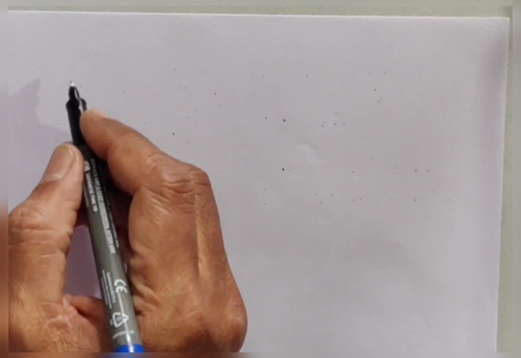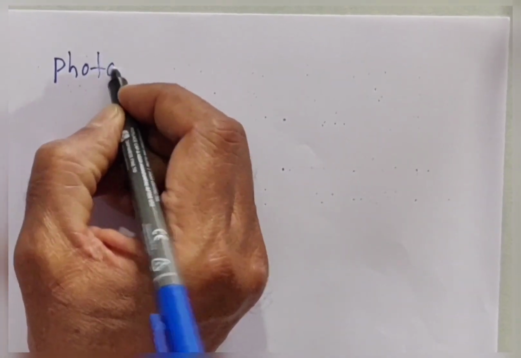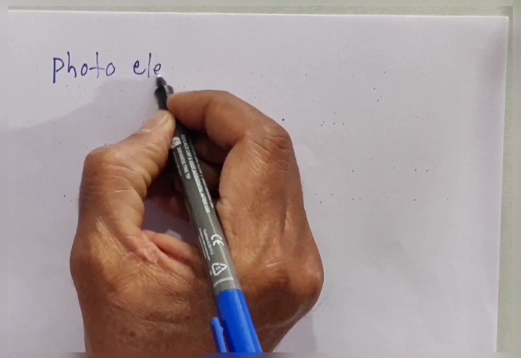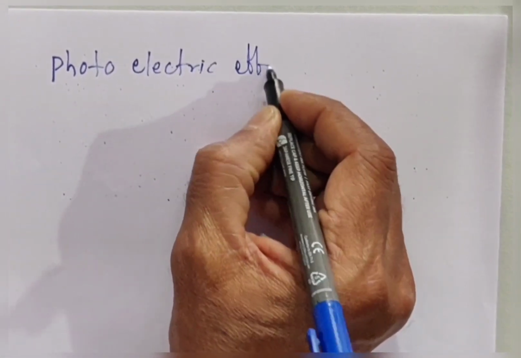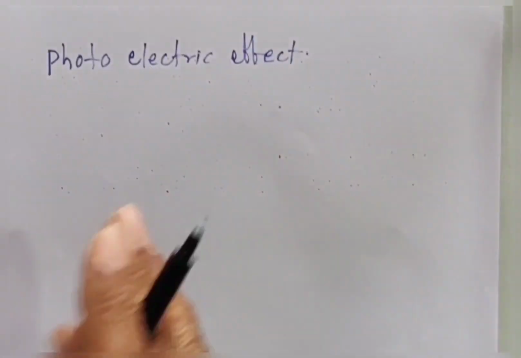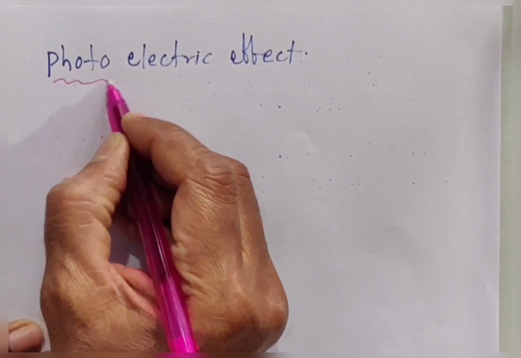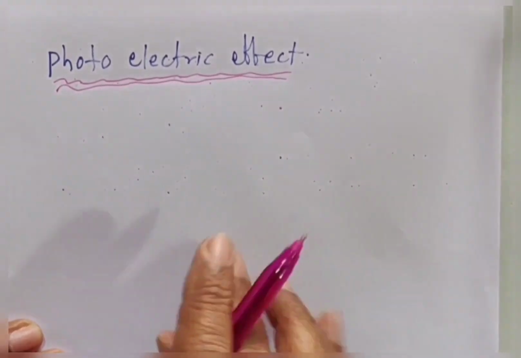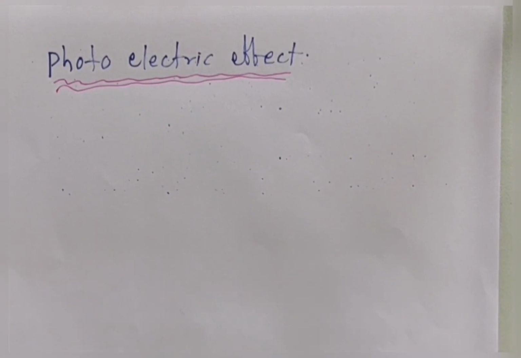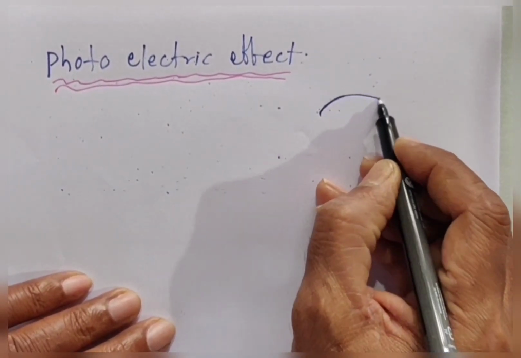Next important concept, photoelectric effect. This is also very important. In this photoelectric effect, a very simple definition. So this is the metal surface.